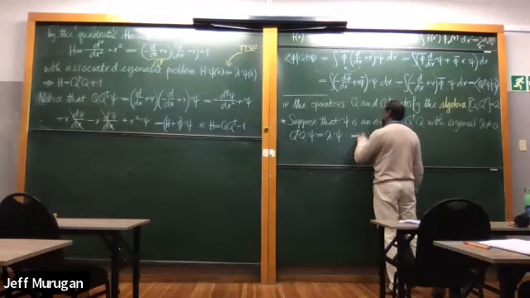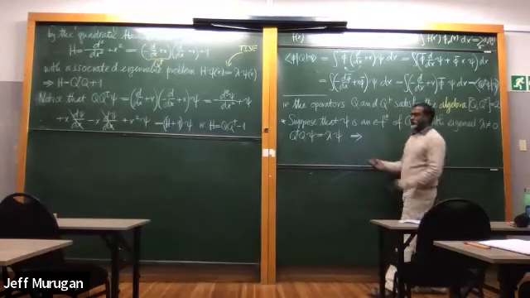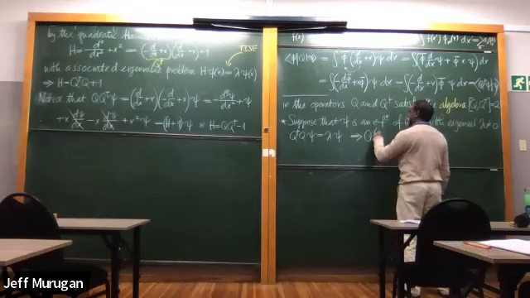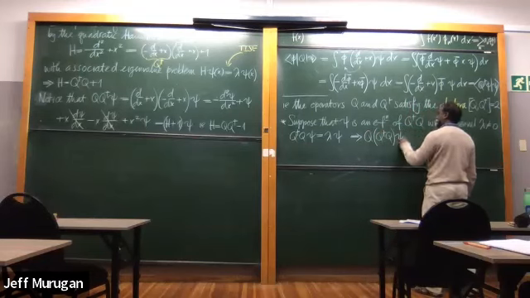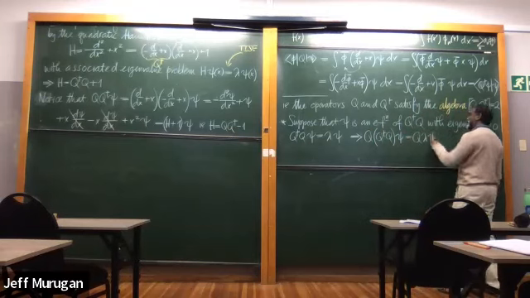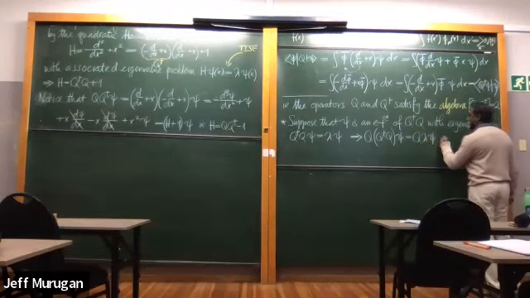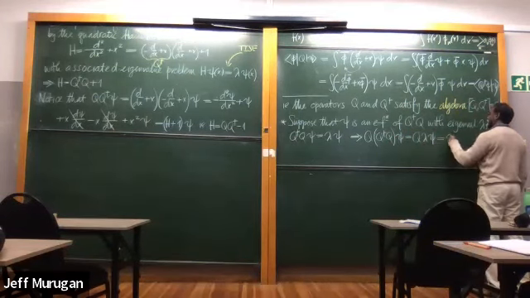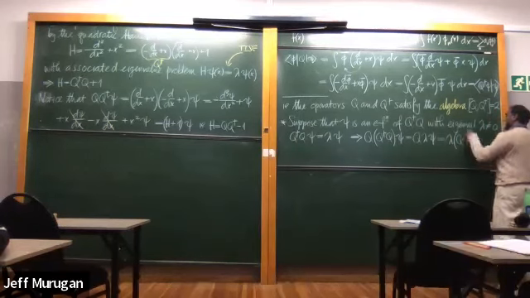But this also means that if I act on this equation with another Q from the left, then Q Q dagger Q psi is Q on lambda psi. But this lambda is just a number, so I can exchange these two. That's equal to lambda times Q psi.